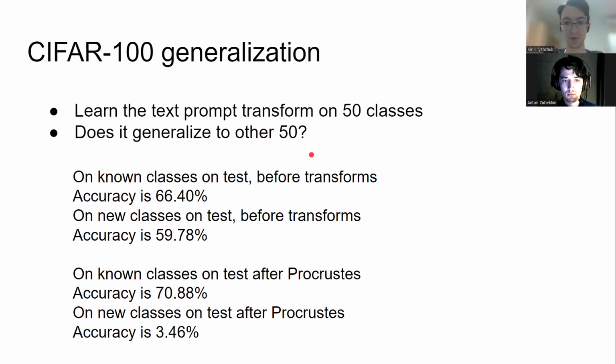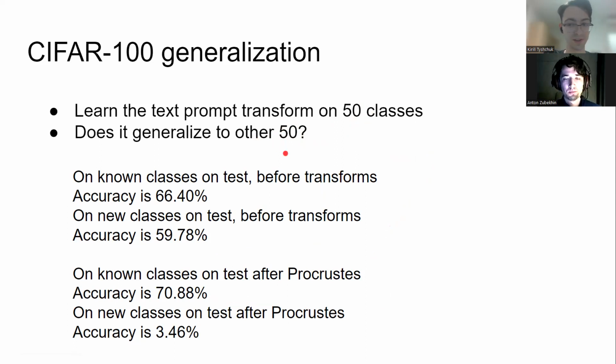So we took the image embeddings of the images corresponding to the first 50 classes. We took the prompts, like low resolution photo of a dog. We made them closer by using, for example, a Procrustes transformation, and we wanted to see whether the images corresponding to the other 50 classes will get closer to the prompts corresponding to the other 50 classes.